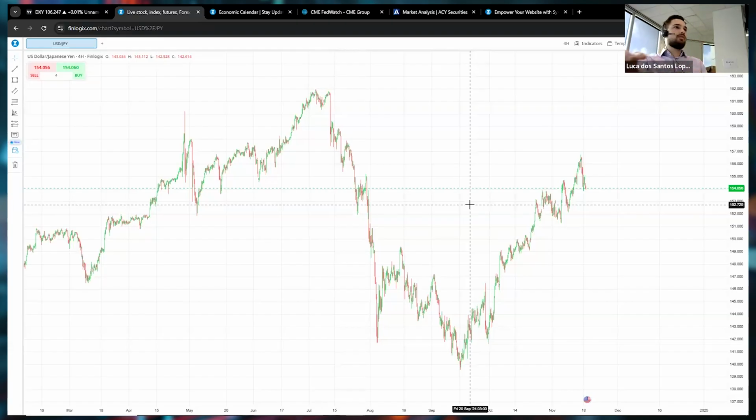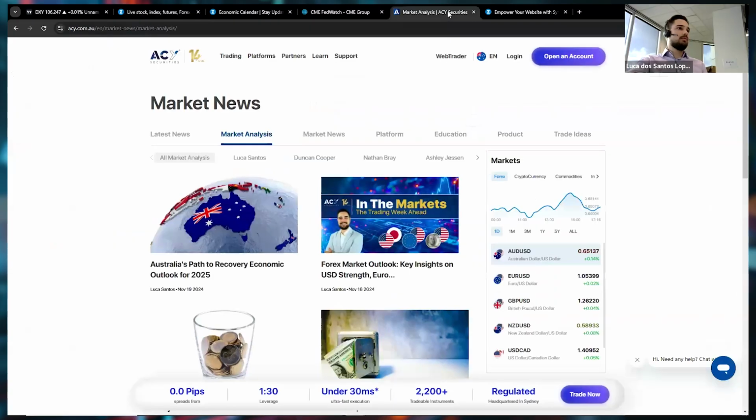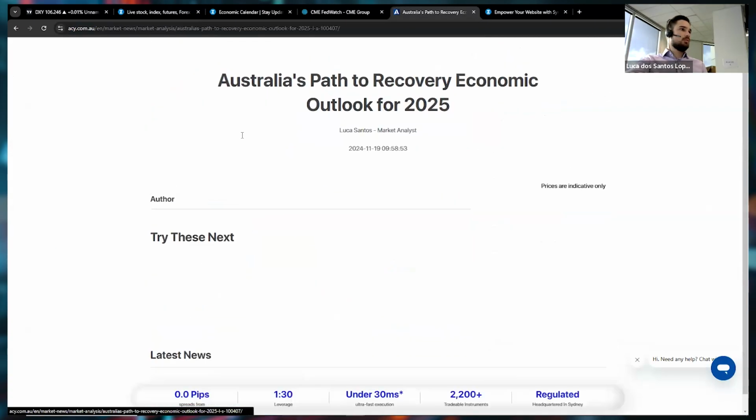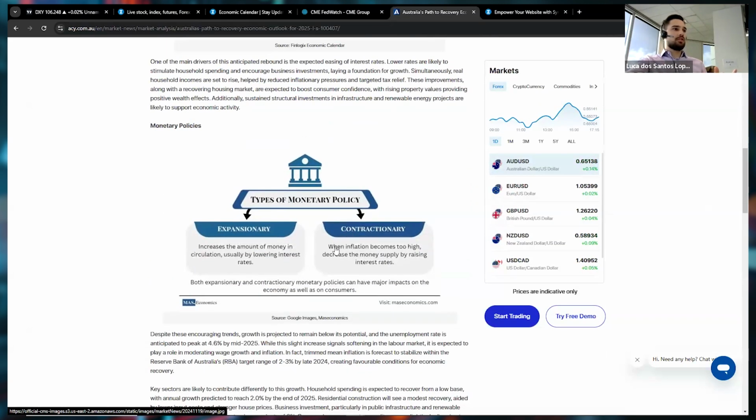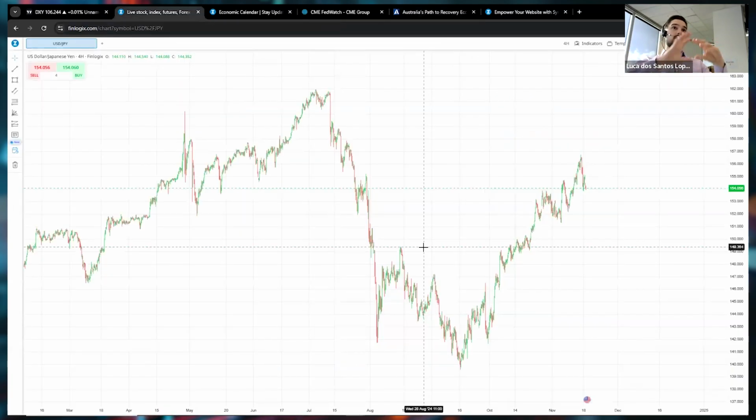Remember what I showed you guys right here. Let's go back there. Remember what I was showing here on the contractionary? It's when inflation becomes too high and the central bank decreases the money supply by raising interest rates. That's exactly what the investors were expecting Ueda to say: look, inflation is coming on a high period.